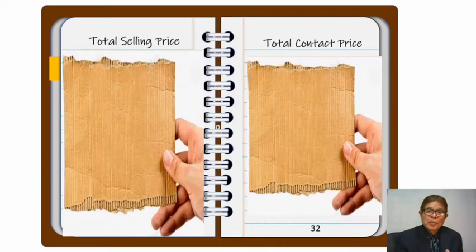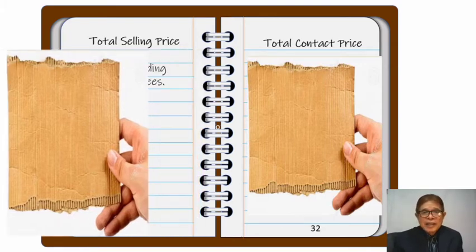I'm sure that your prospect buyer will ask you lots of questions, and one of the most asked questions is about the price. You must therefore distinguish between total selling price and total contract price.